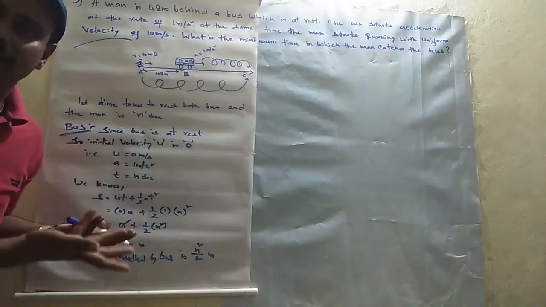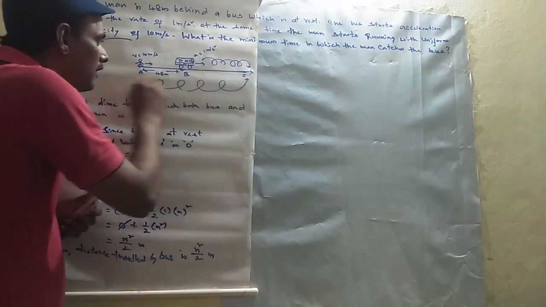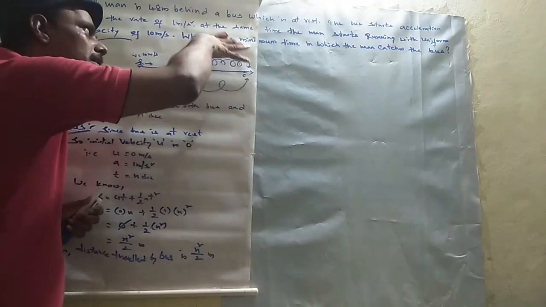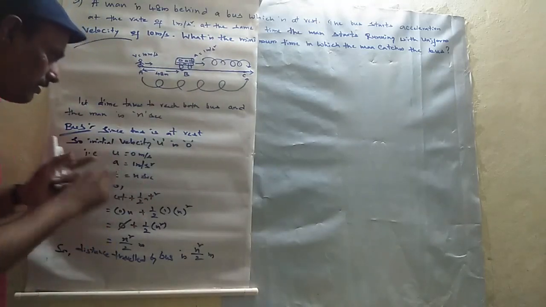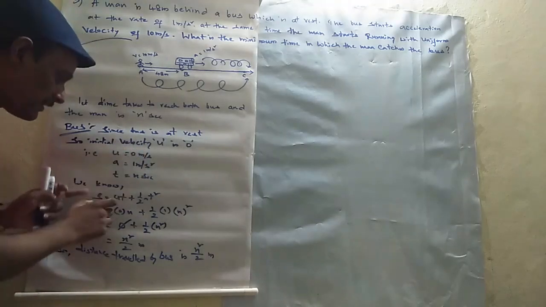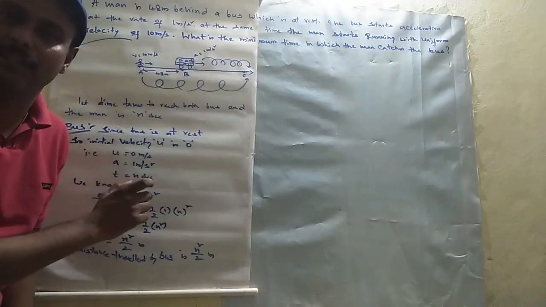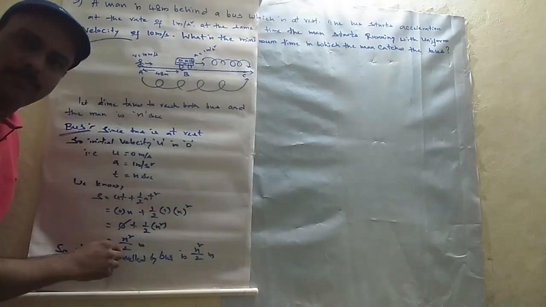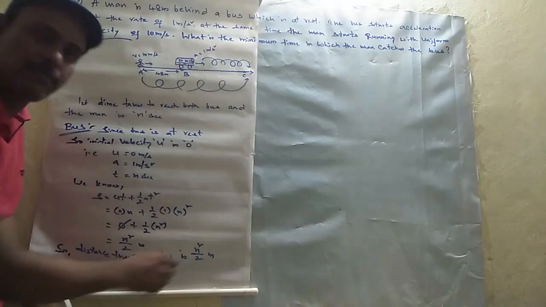Time taken, as we discussed, is n seconds for the bus and this person also. Now I have 3 things: initial velocity, acceleration, time. The formula with these is s equal to ut plus half at square. Substituting all of them, I got n square by 2 meters. So the distance traveled by the bus is n square by 2 meters.